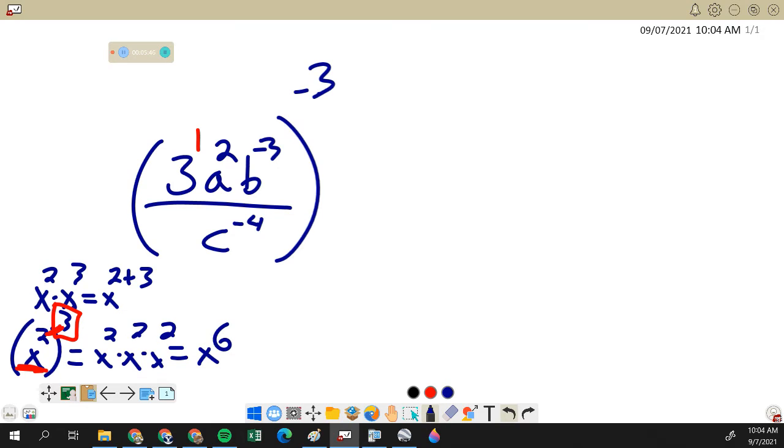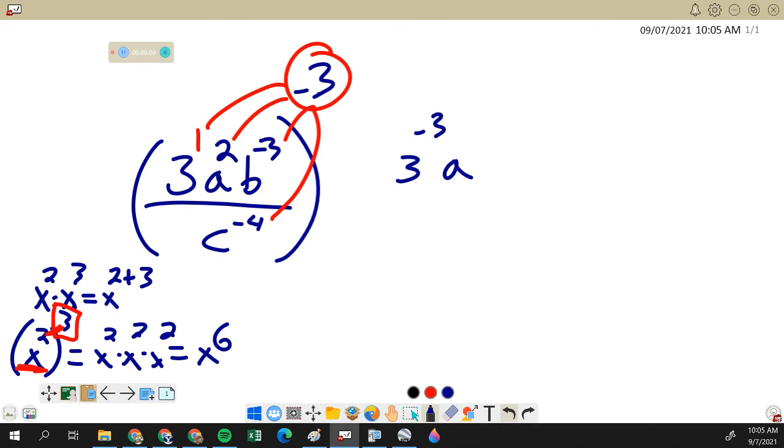So anytime you have an exponent raised to an exponent, you multiply. So I need to multiply this by every exponent. So I get 3 to the negative 3, a to the negative 6, b to the 9th, and c to the 12th. Does everybody understand that?